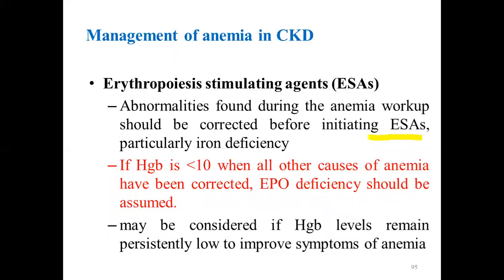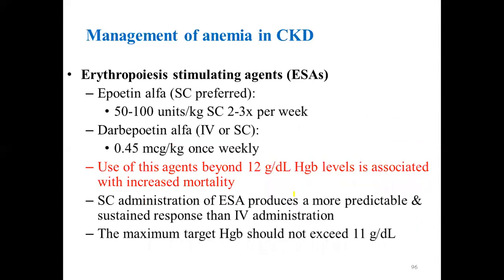So before you give ESAs, you need to correct iron deficiency first, and that is why iron supplementation is the front line in the management of anemia of CKD. If the hemoglobin level is below 10, when all other causes of anemia have been corrected, we now assume the patient probably has erythropoietin deficiency, and we need to give erythropoietin supplement.